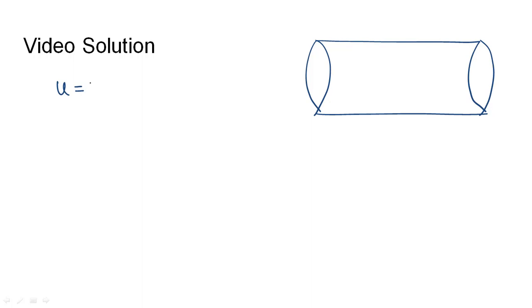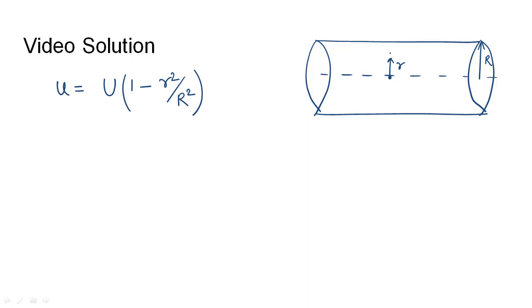As we saw in the useful data, we are given a pipe, and the velocity profile for the pipe is given as u equals capital U into 1 minus r square divided by R square. This is given where r is the distance from the center of the pipe, and capital R is the radius of the pipe.